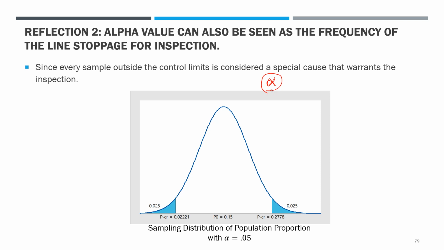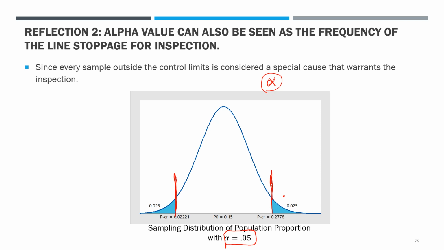According to rule number one of detecting a process out of control, when you spot one point outside of the control limit, that is a sign of process out of control that prompts you to stop the system and do an inspection. If we are using alpha equal 0.05, this is your control limit.